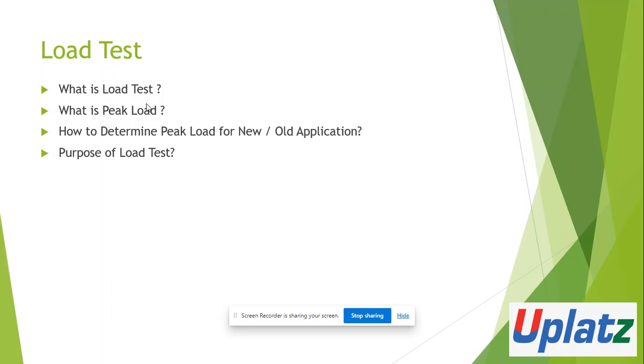Depending on the criteria provided by our business unit, the business analyst, we identify the peak after analyzing all the data. Once we get the data from the BA, we have to deep dive and analyze what peak load our application is experiencing.